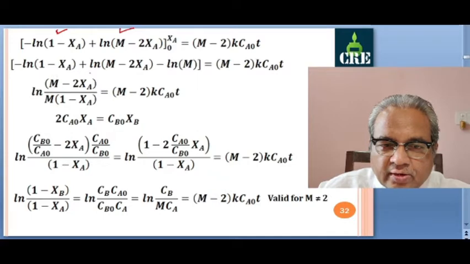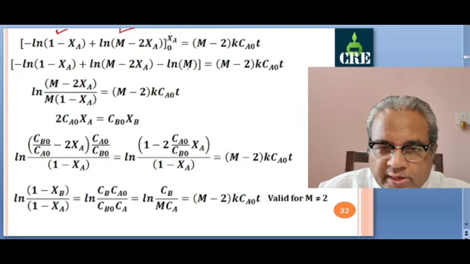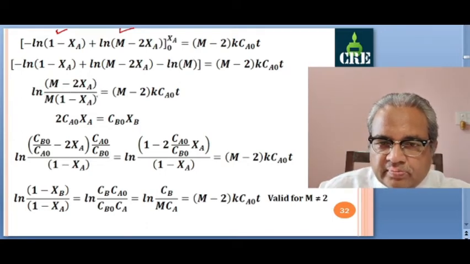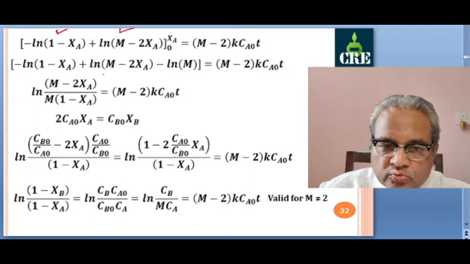So we can write ln with m into (1 minus xa) in the numerator, and minus ln of (1 minus xa) goes in the denominator, these terms m into (1 minus xa). The m minus 2 was outside the bracket as 1 upon m minus 2, so we have taken it to this side. So our solution is ln of (m minus 2xa) by m into (1 minus xa) is equal to (m minus 2) kCa0t.